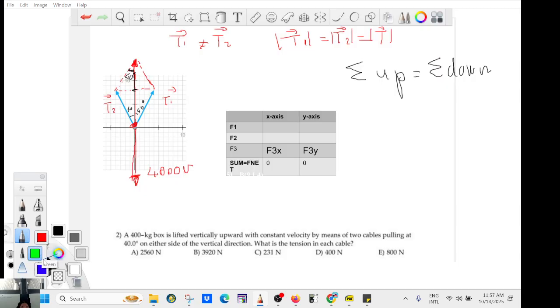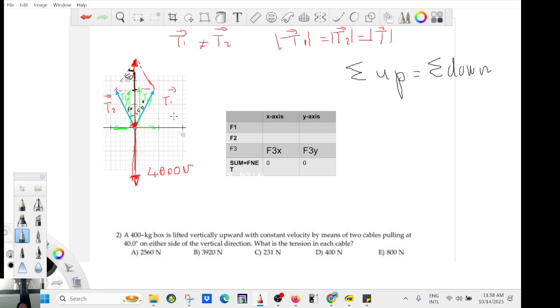The tension has two components. X components, they are busy fighting against each other. And you have the Y components, they don't fight, they team up. They say, okay, I'm going to help you and you're going to help me. We're going to be a team. We work together to lift those 4,000 Newton.